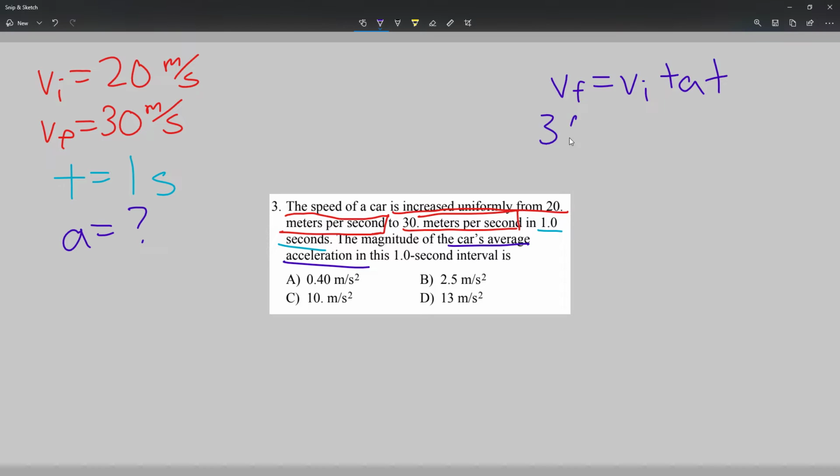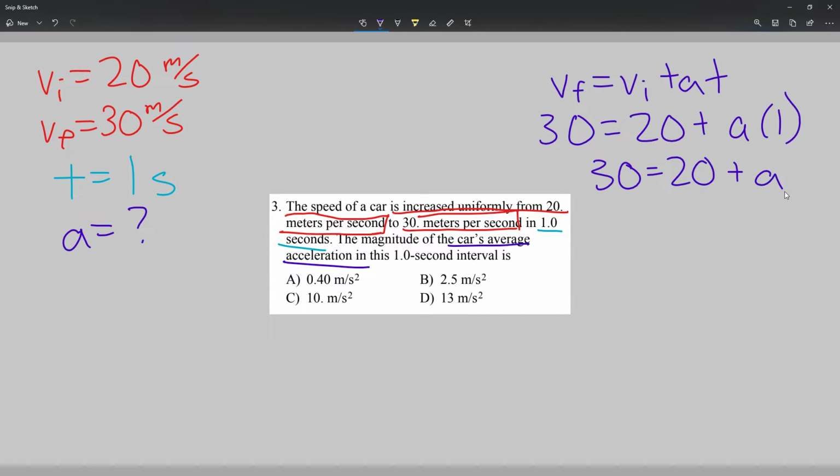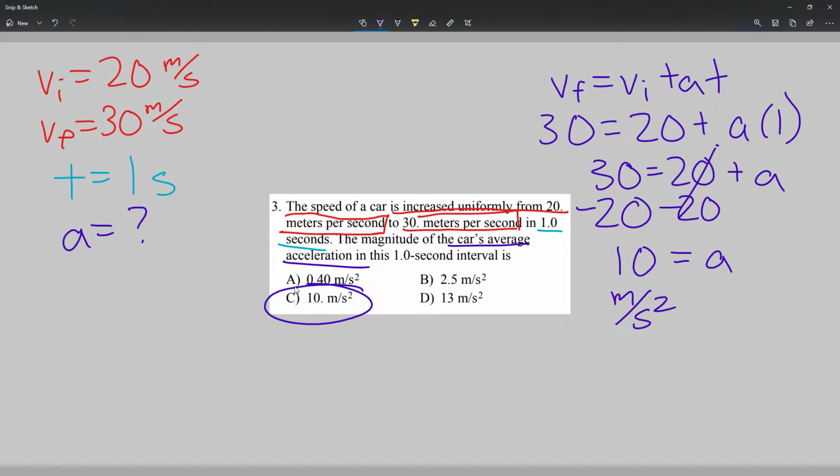VF is 30. VI is 20 plus A times 1. So 30 is equal to 20 plus A. 1 times anything is itself. But to get rid of this 20 because it's added to A, we subtract 20. So we have 10 is equal to A. I'm just going to put the unit here, meters per second squared. And that's the answer for 3, C.